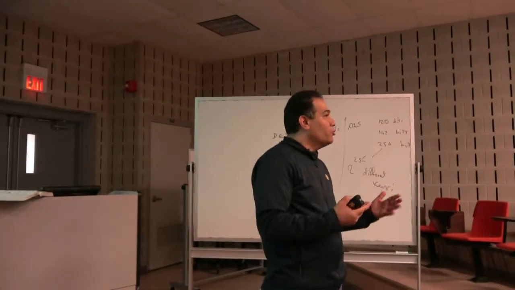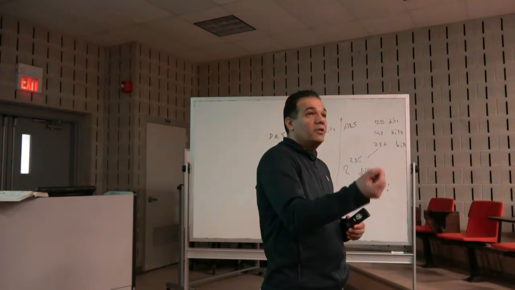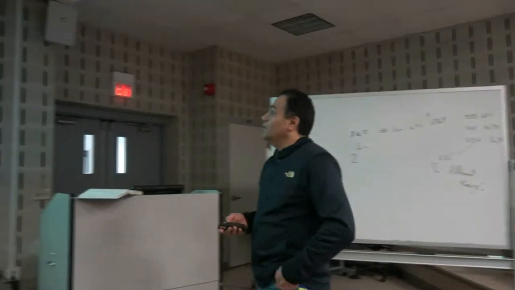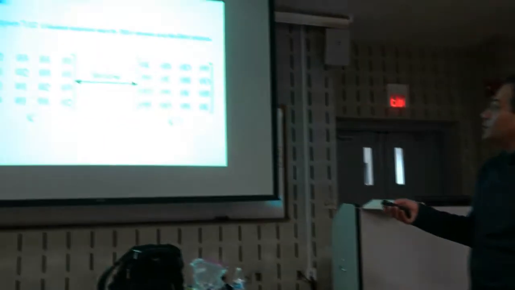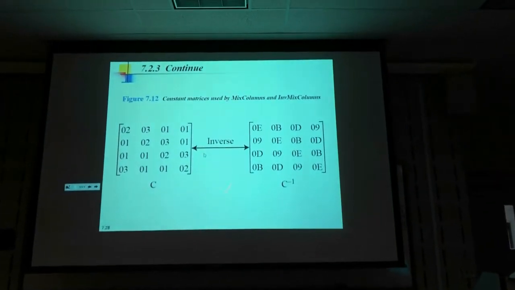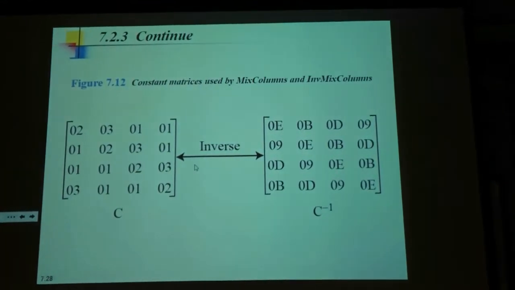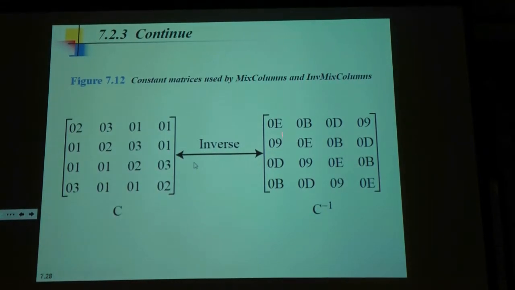Why? Because you are multiplying a matrix by a matrix, producing a new matrix. So the bits will be different. For example, you could take this as a constant matrix, and this is the inverse for it. If you multiply this by this, what do you get? If you multiply a matrix with its inverse, what do you get?